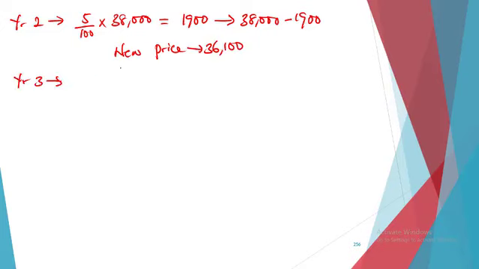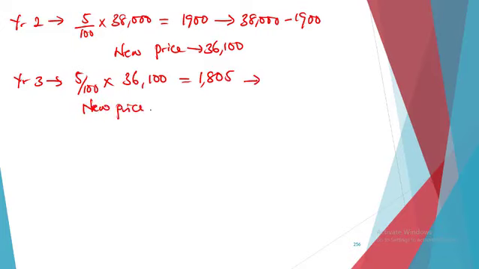Then for our year 3, we then have 5% of 36,100 US dollars, and that will give us what? 5% of this is equal to what? 1,805. So our new price is equal to $36,100 minus $1,805, which will give us 34,295 US dollars.